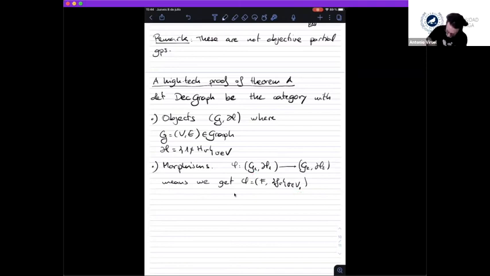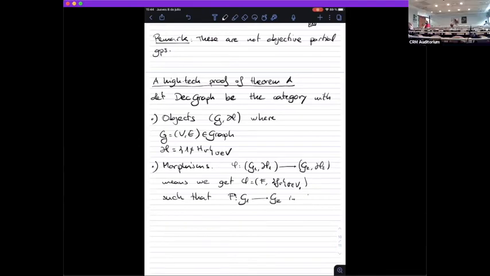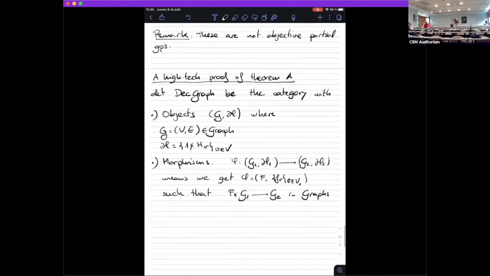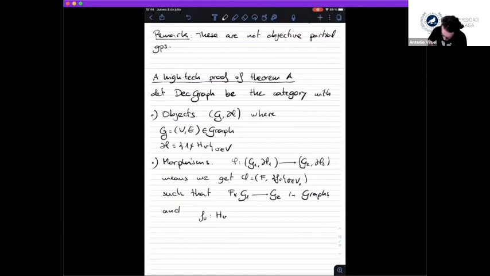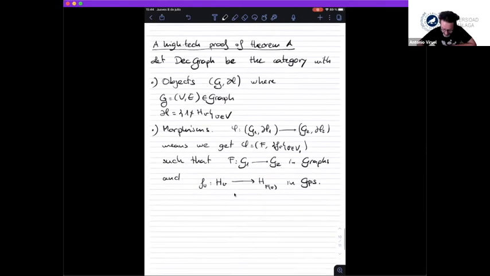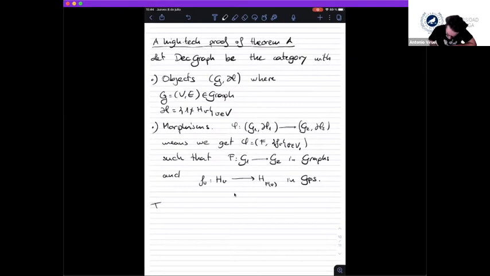And such that f from G1 to G2 is in graphs, and f_v goes from H_v to H_f(v) in groups, right? So any morphism between decorated graphs is indeed a graph morphism that maps each vertex group to a vertex group, right?